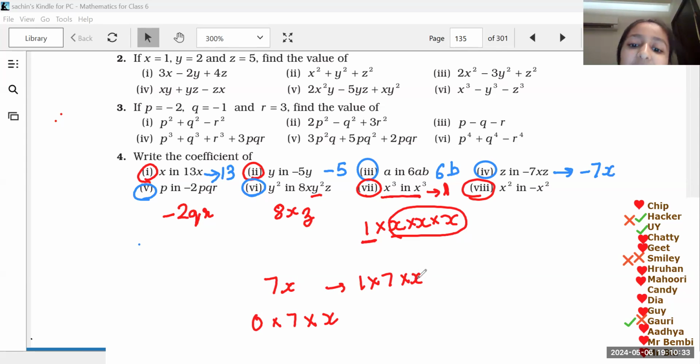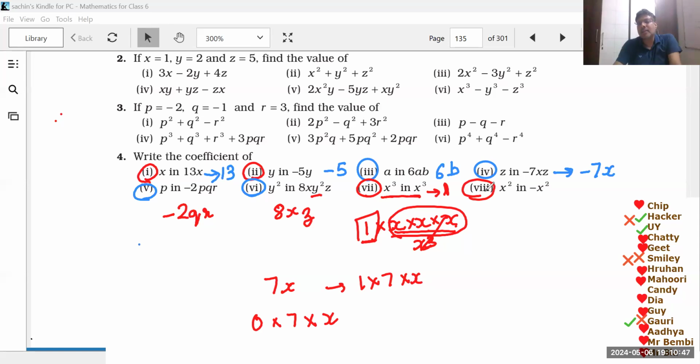Sir, 1 multiplied by 7 into x. Same here, beta. It is 1 multiplied by x into x into x. So what will be the coefficient? This is x cube, so if you leave it, you are left with 1. Okay, sir. And here what will be the eighth answer then? Minus 1. So Gauri and Hacker understood?